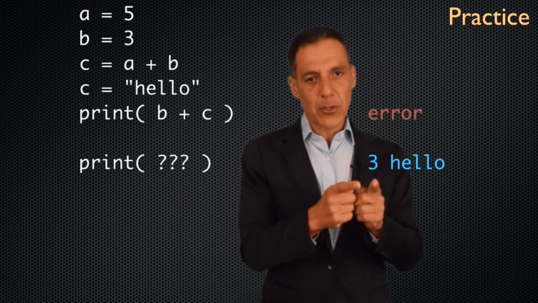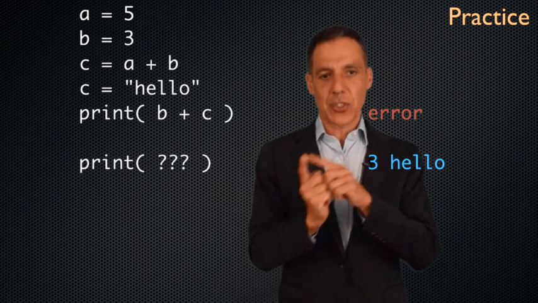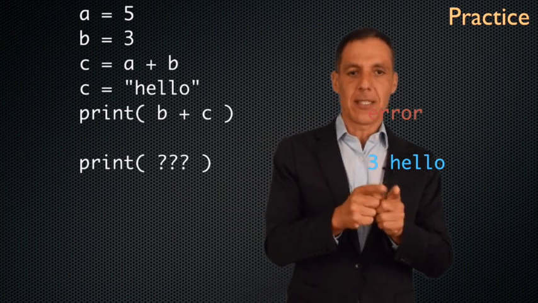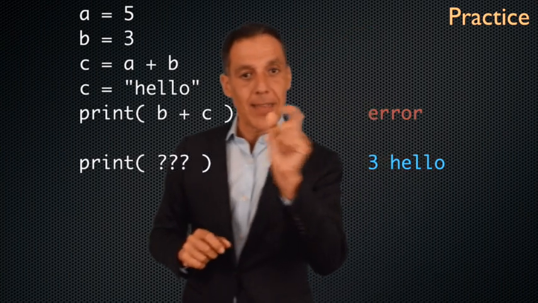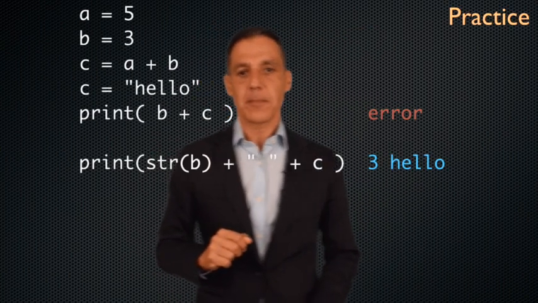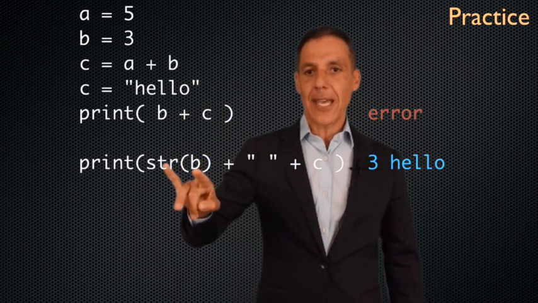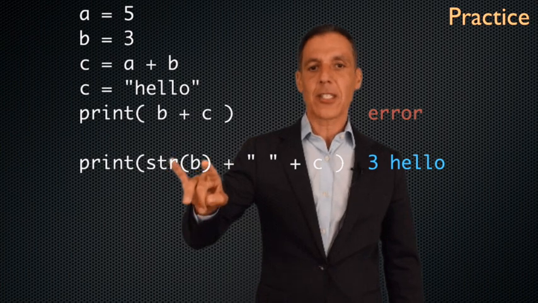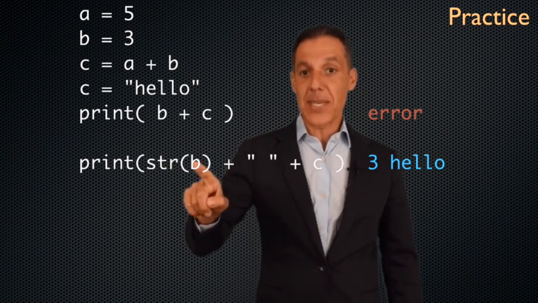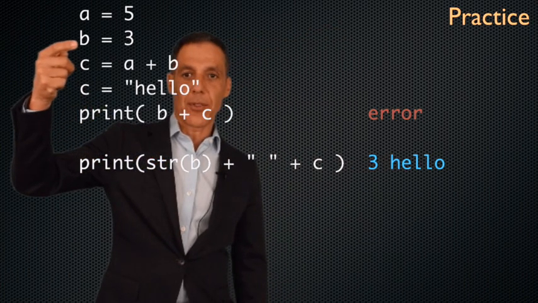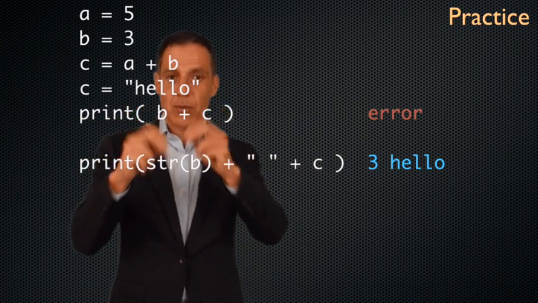So I have to convert 3 from a number to a string, and then string concatenate. How do I convert a number to a string? That little str command. So to do this, I'm going to do string concatenation, string conversion of b, that is the number 3, now in a string with quotes around it.